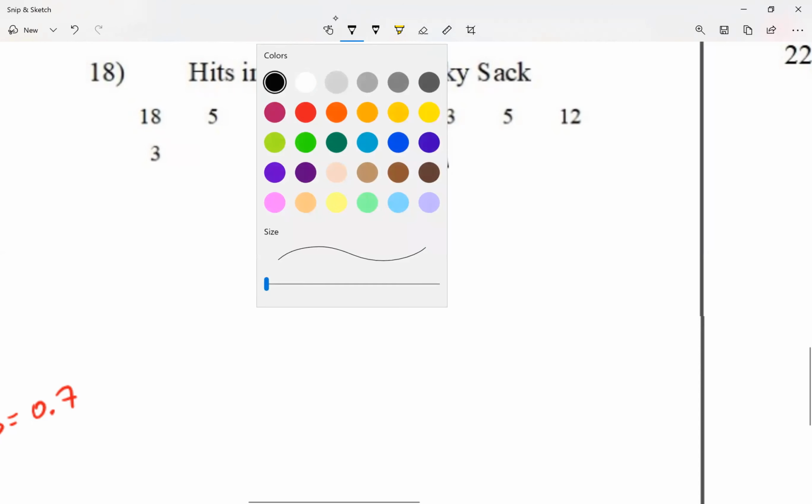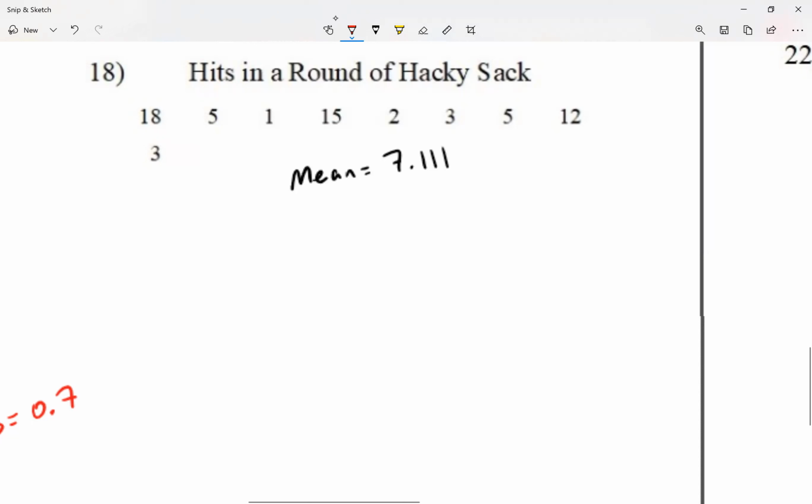We're going to subtract each number minus the mean. So I'm going to go 18 minus 7.111. Use a calculator for this, obviously. And I'm going to get 10.889. Square it.